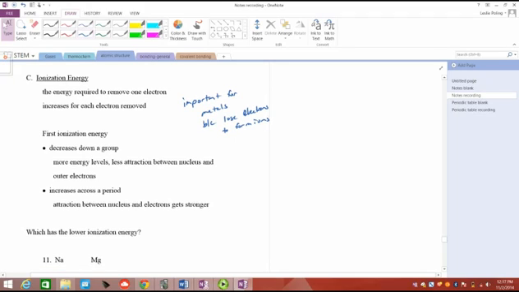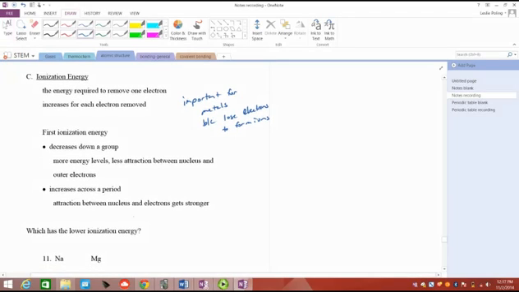Now, the ionization energy decreases when you go down a group and increases when you go across a period. Notice it's the inverse of size, because if your electron is farther from the nucleus, the nucleus isn't holding it very tightly.